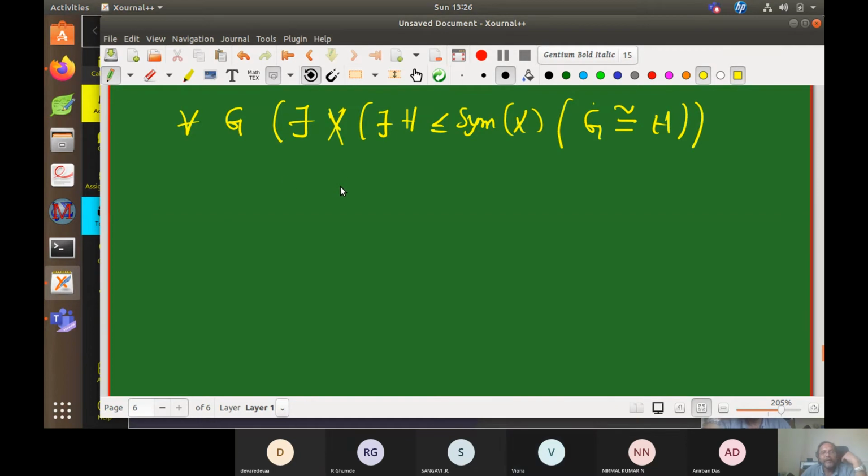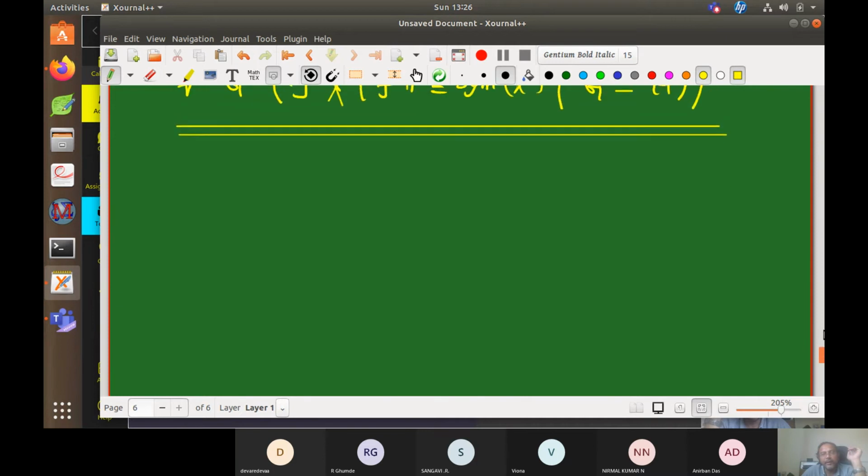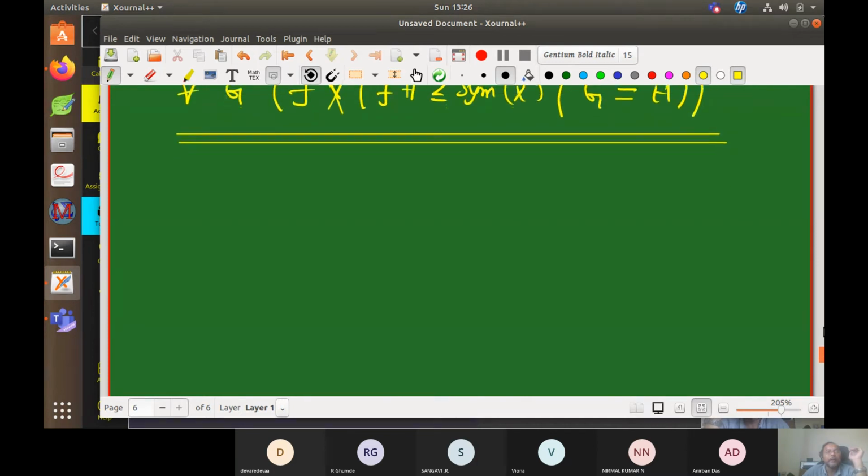So every group sits inside a symmetric group of X somehow, right? Why I brought this, we will see later. You start thinking, you will get certain things. Group actions and Cayley's theorem are almost the same like that. Some ideas may come.